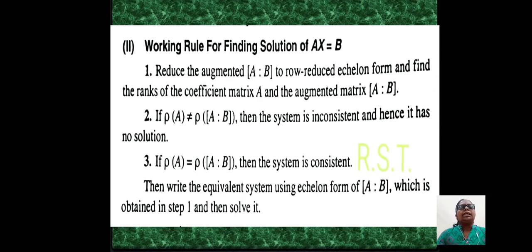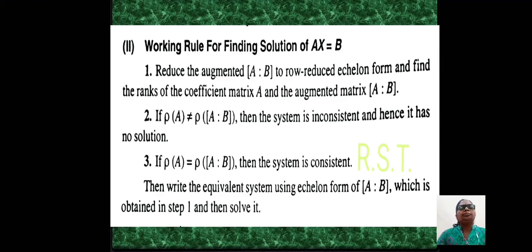Now we see the working rule for solving the system of non-homogeneous equations AX equal to B. Reduce the augmented matrix AB to row reduced echelon form and find the rank of the coefficient matrix A and the augmented matrix AB.